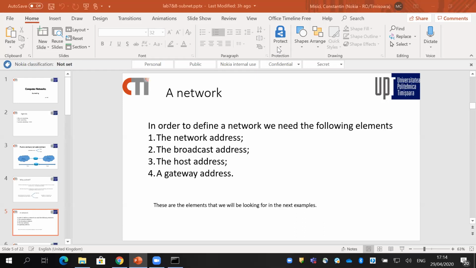Now, the last bullet over there, the fourth one, is called a gateway address. This is kind of a particular host address, so it's kind of one of the same ones. You have to subtract one of those. But in general, do you remember what a gateway does?